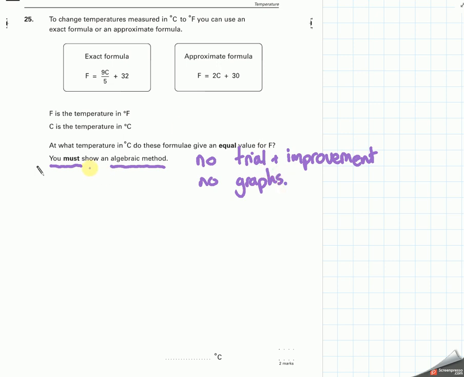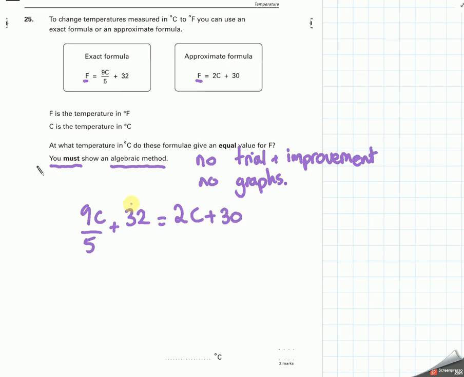So what it's actually saying is, for these two formulae, at what temperature in degrees C do the F's match. So we're going to say this F is equal to this F, so therefore that formula equals that formula. And we've got solving an equation with a few nasty little tweaks of it being fractions in there as well.